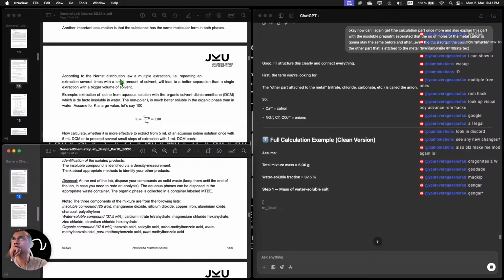According to Nernst distribution law of multiple extraction, repeating an extraction several times with a smaller amount of solvent will lead to better separation compared to a single extraction with a bigger volume, right? Extraction of iodine from aqueous solution with organic solvent dichloromethane, which is de facto insoluble in water. Non-polar iodine is much better.